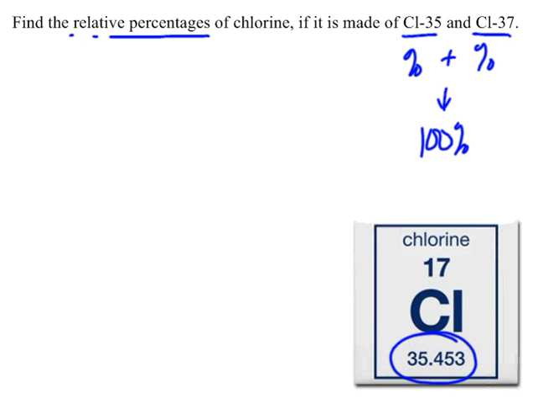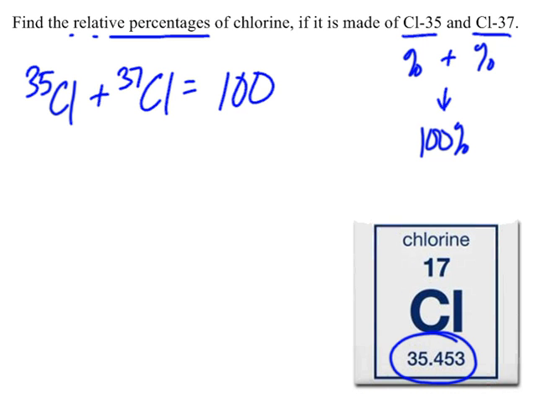Looking here, I know that the percentage of chlorine 35 plus the percentage of chlorine 37 is going to equal 100%, because that represents all of the chlorine.